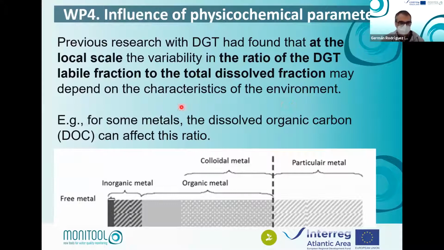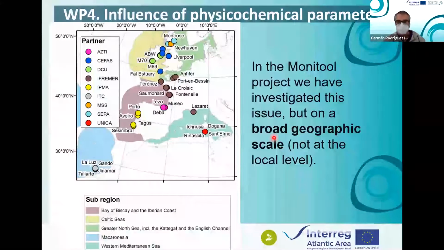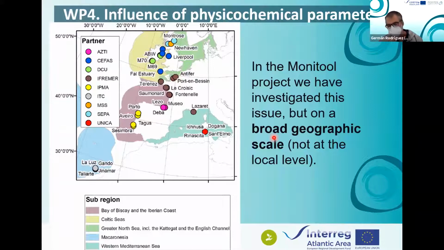Okay? This is logical. For example, for some metals, the dissolved organic carbon in water can explain this ratio, because remember that part of the metal can be linked to this carbon. Okay, so we want to do the same research that has been done at local scale, but on a broad geographic scale.